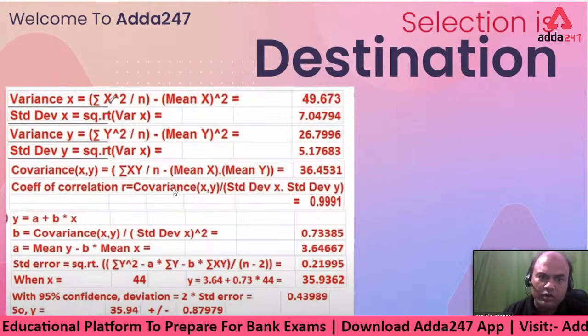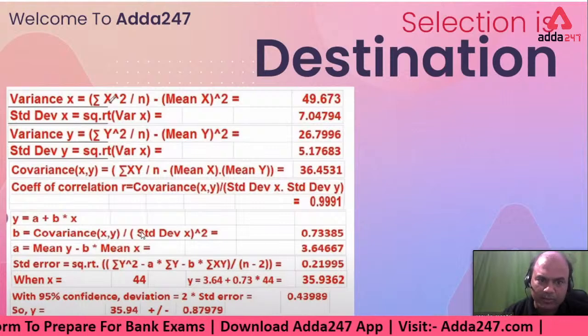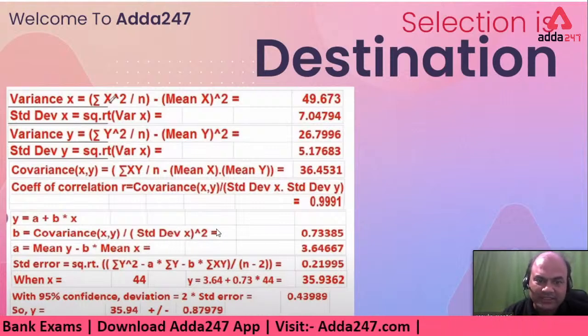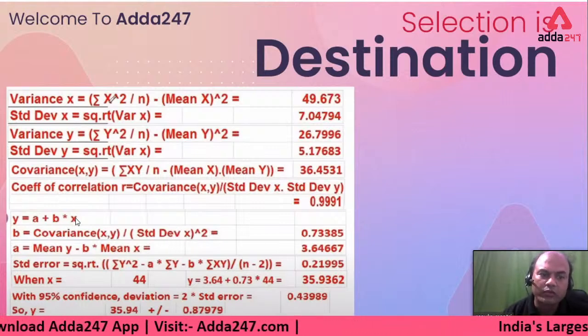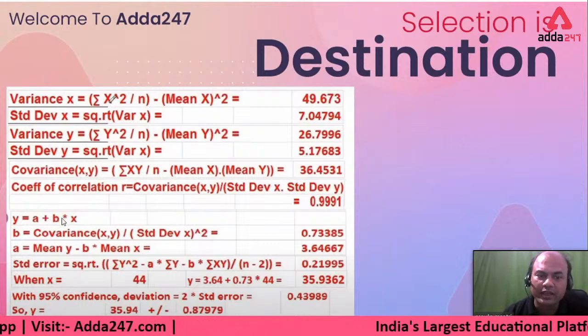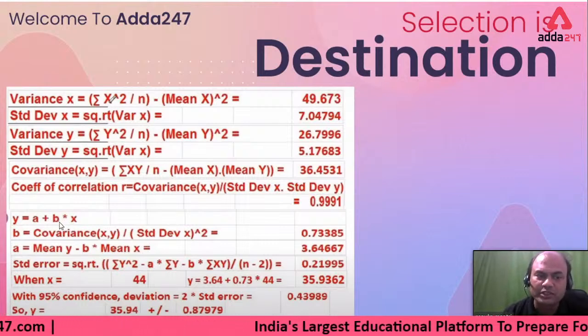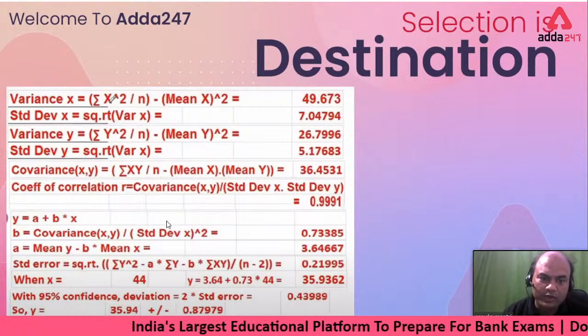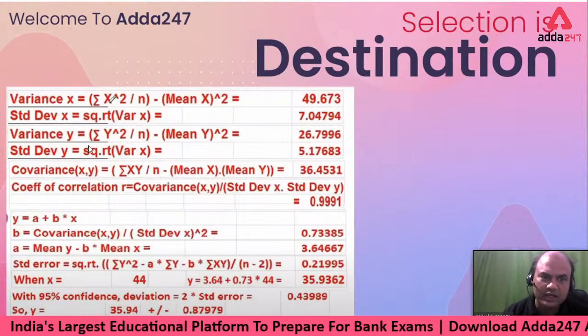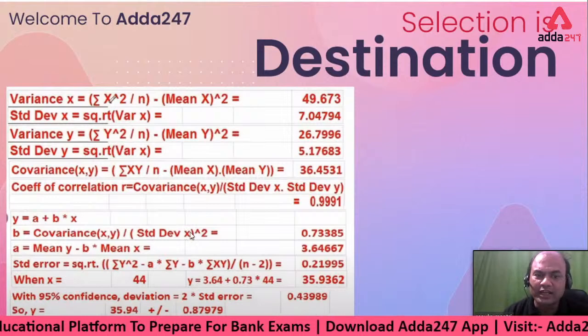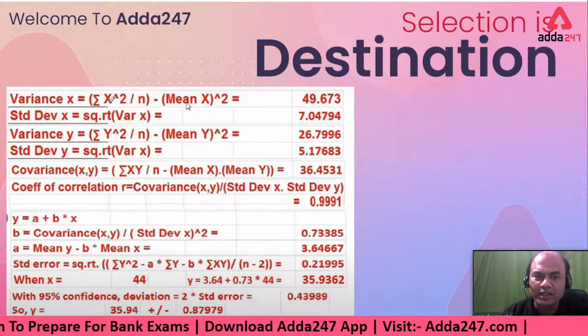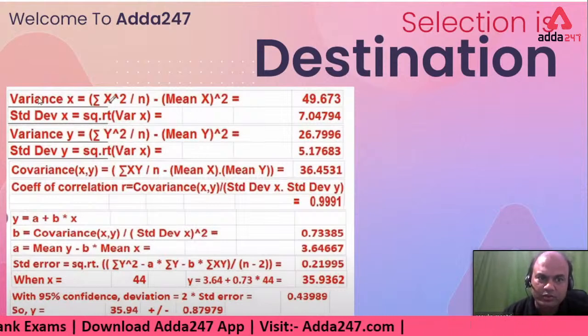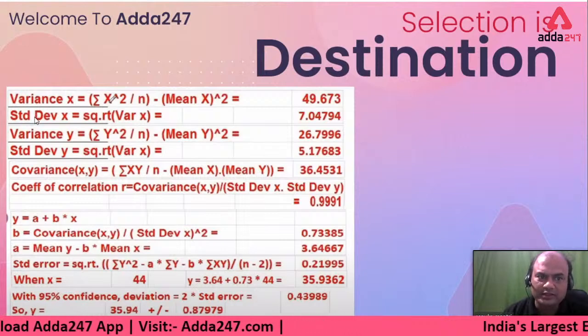What we do is covariance of xy upon the standard deviation of x the whole square. Take x only, because you'll get confused in the exam about whether to take standard deviation of x or of y. The standard deviation of x the whole square is the variance, right? The square root of variance is the standard deviation.